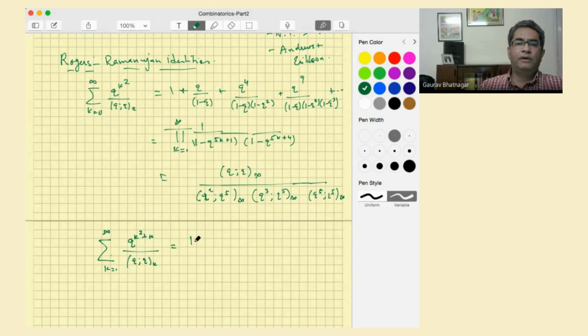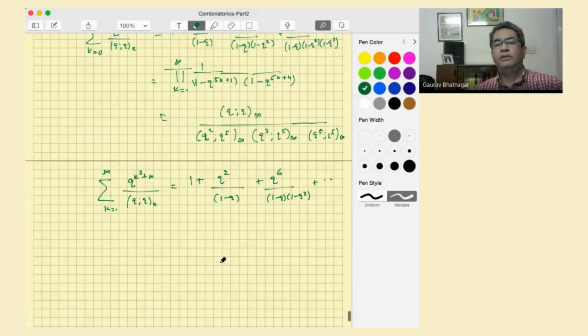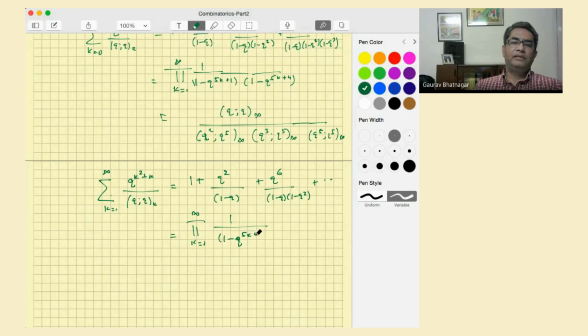and in the top part you get q squared over 1 minus q, plus q raised to 6 over 1 minus q, 1 minus q squared, and so on, and in products you have 1 minus q raised to the power 5k plus 2 and 1 minus q raised to 5k plus 3.